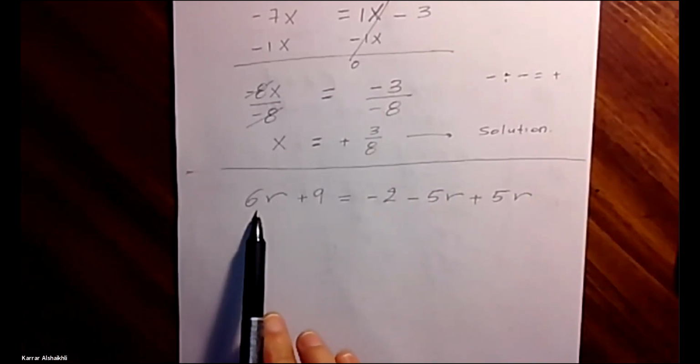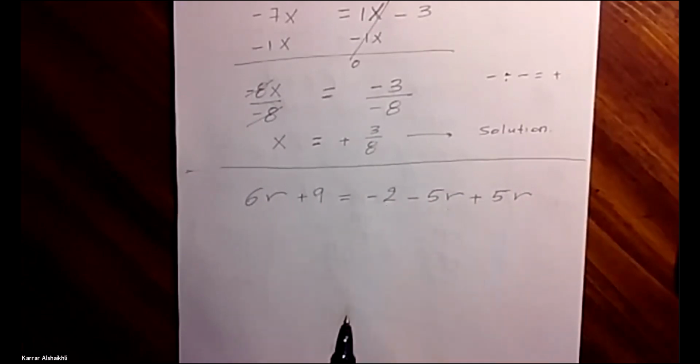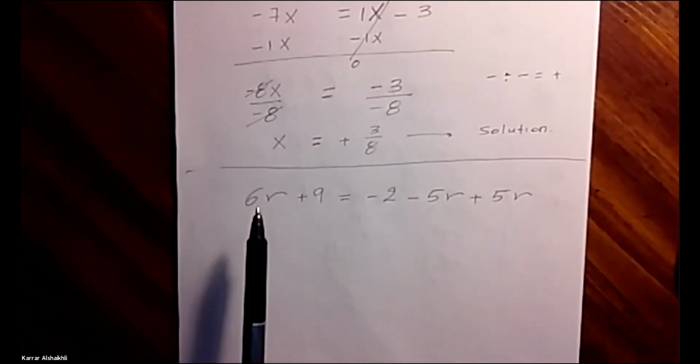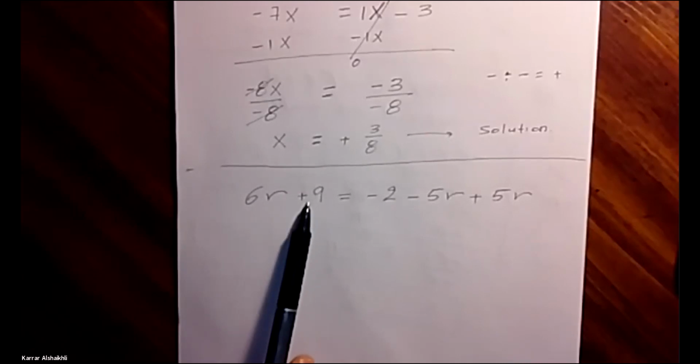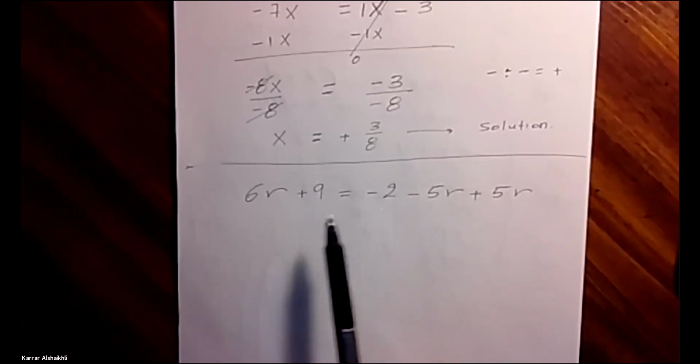You see, I have variables here and variables here, number and number. Before we always start, we have to make sure I have only one variable and one number on each side. So the first thing I'm going to start to do when I solve this example is combining like terms.